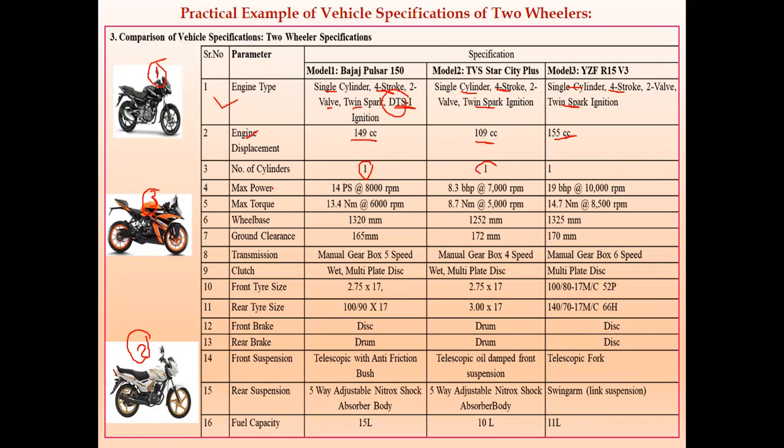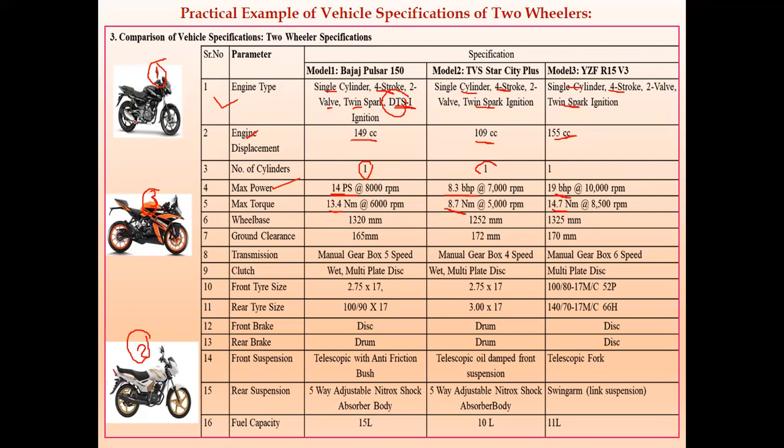Now maximum power: 15 PS at 8000 RPM; here it is 8.3 bhp, that is brake horsepower, at 7000 RPM; then here 19 bhp at 10,000 RPM. Next, maximum torque: 13.4 at 6000 RPM; 8.7 Newton meter at 5000 RPM; and 14.7 Newton meter at 8500 RPM.